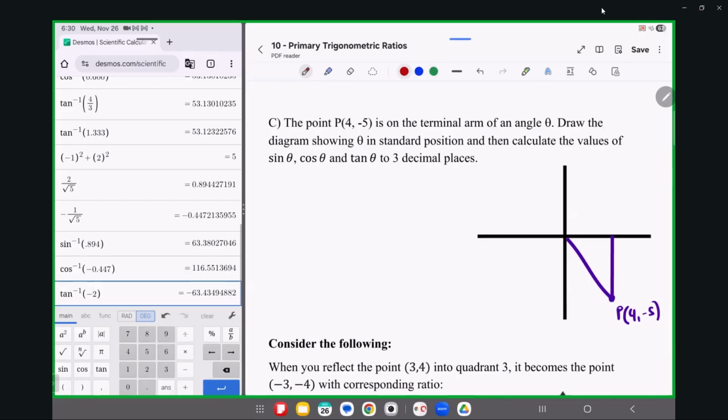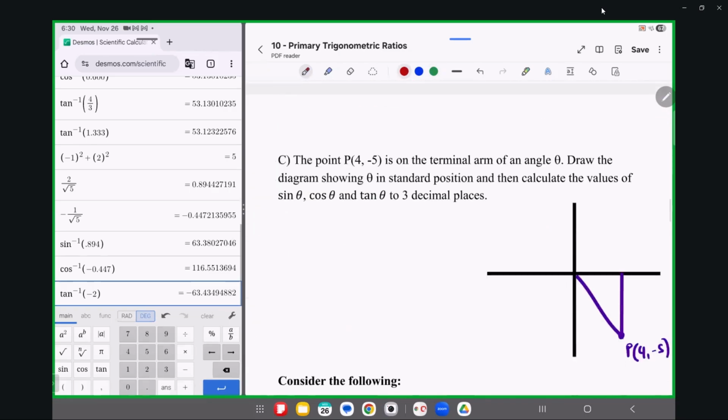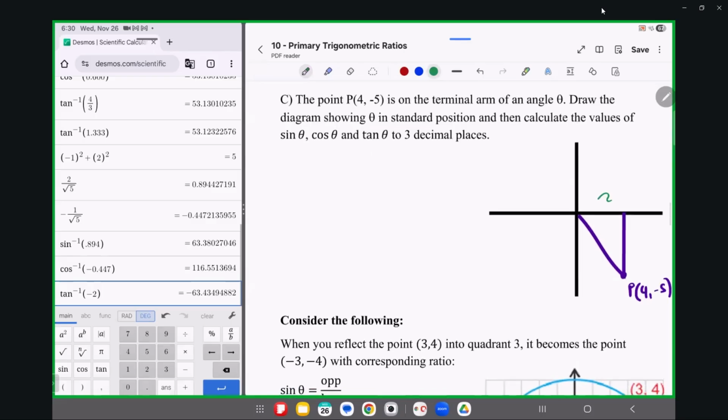So that'll be in, what color did I use for that? Green. Okay. So the horizontal component will be 4. The vertical component will be -5. And what about r? Well, remember, r is given by the square root of 4 squared plus -5 squared, which is going to be 16 plus 25. So that'll be the square root of 41. So r will be the square root of 41.